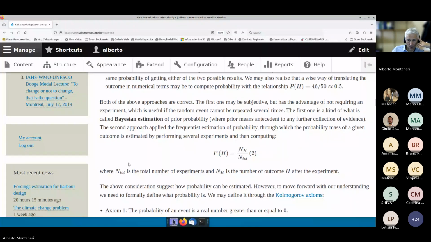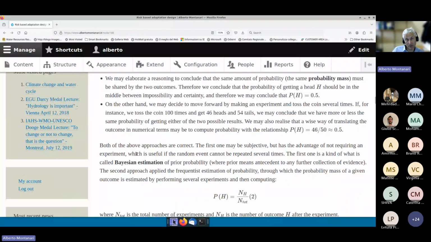Now, given that we understood how probability is estimated, given that we understood that probability is equivalent to likelihood, how can we define it in rigorous terms? This was a challenging question for statisticians about 1 century ago.